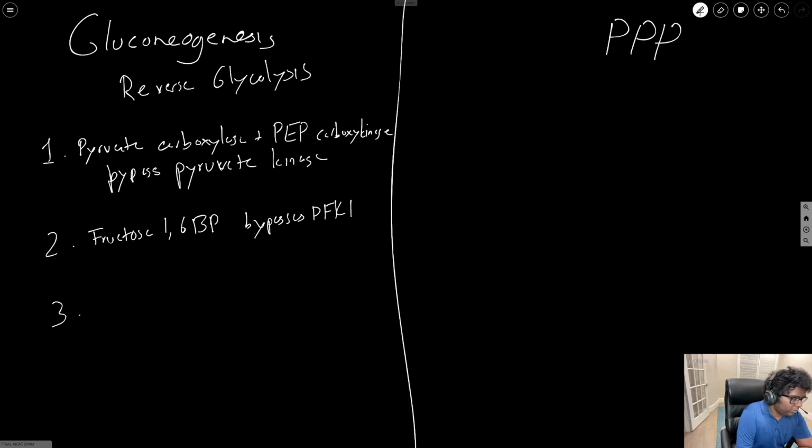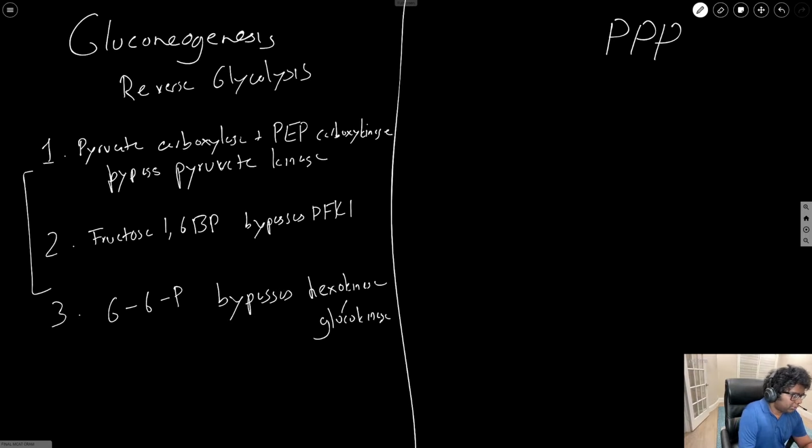And then the third and final one is when G6P bypasses hexokinase, or if you're in the liver, glucokinase. So these are your irreversible steps.